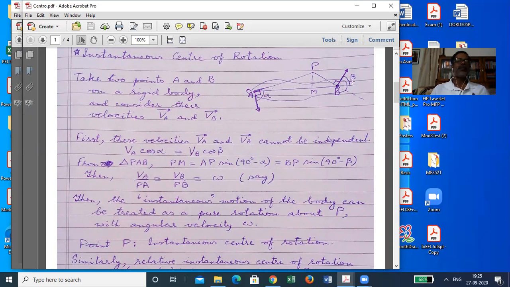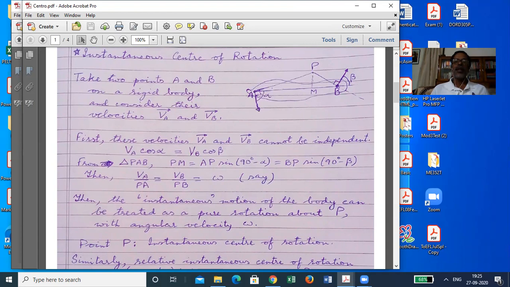Fine. And then in this triangle PAB, if you draw a perpendicular PM on AB, then you know that PM you can get from AP times sine of this angle, which is nothing but 90 degrees minus alpha.